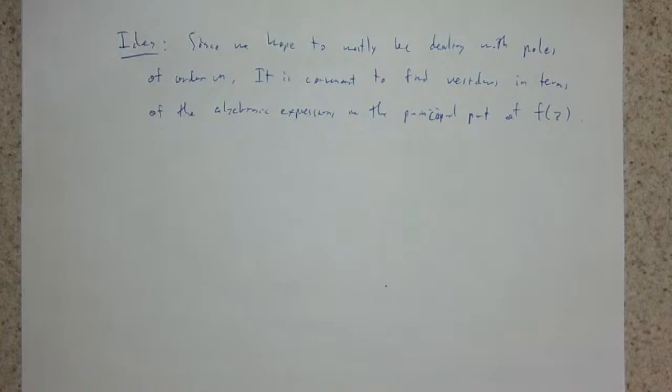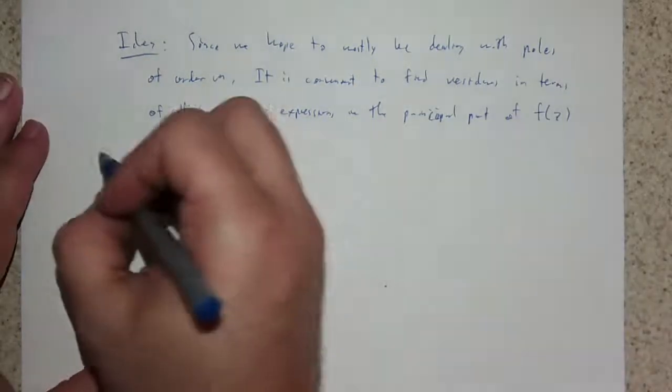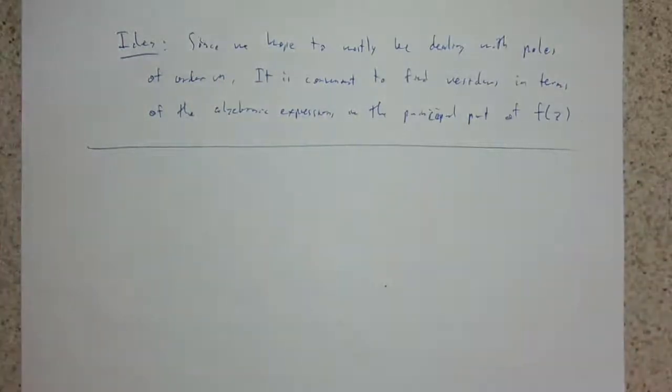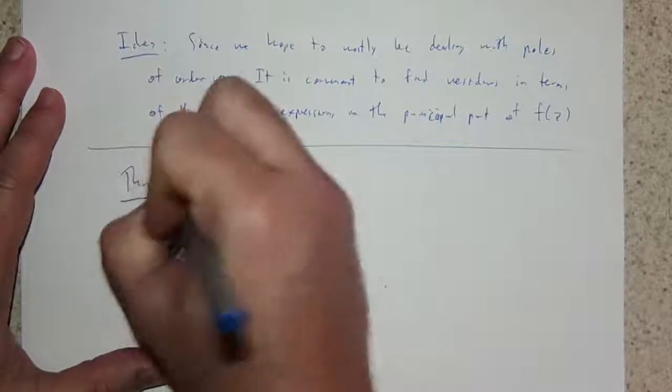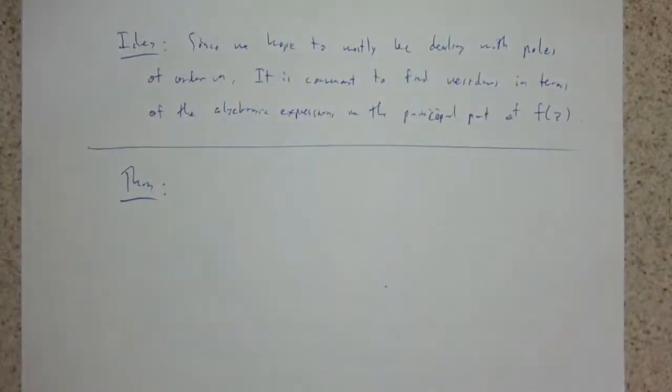Our usual way of doing that is we literally just write out the Laurent series and identify the 1 over z minus z naught term, and that's our residue. But if we know the thing is a pole of some order, maybe there's a quick shorthand way of doing this. To that end, we have the following theorem.